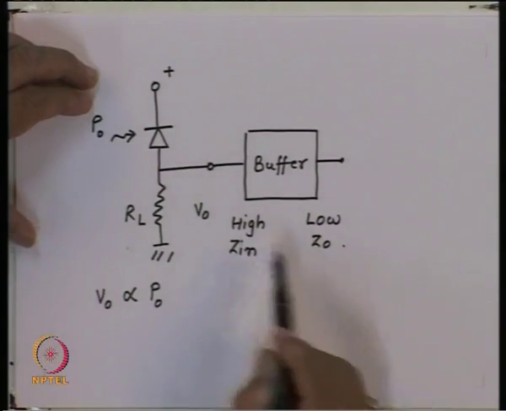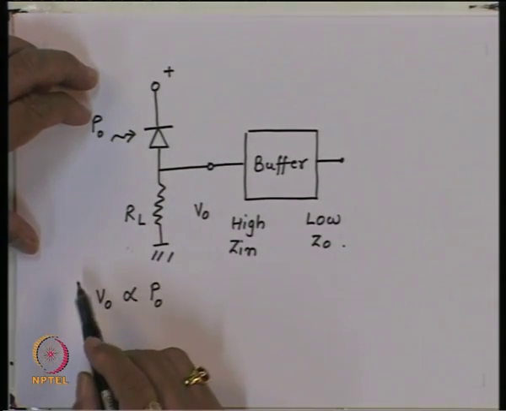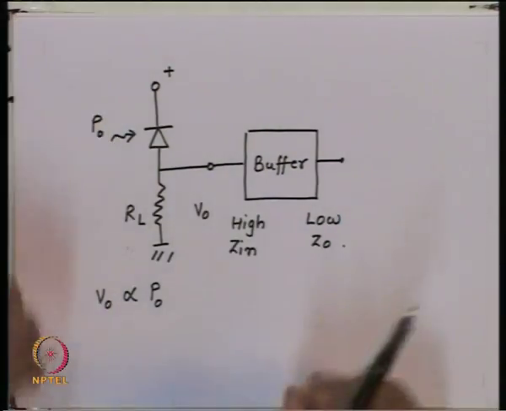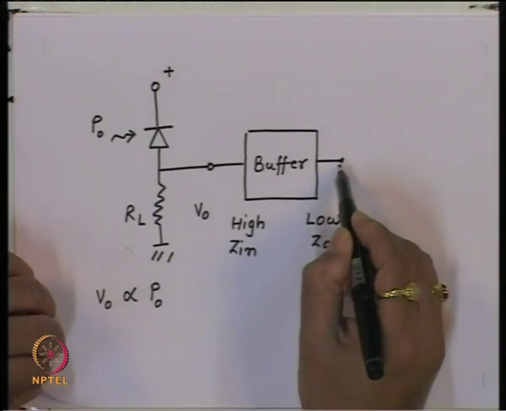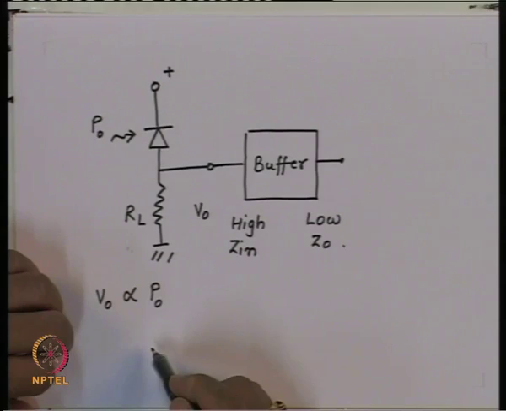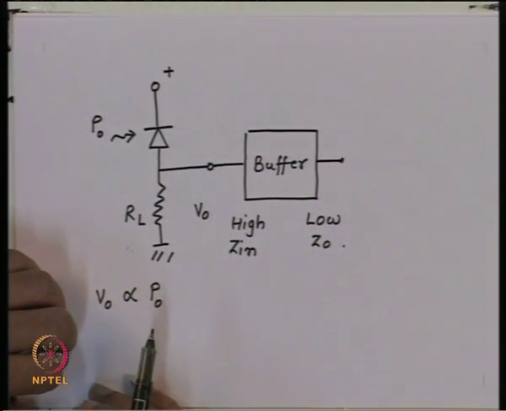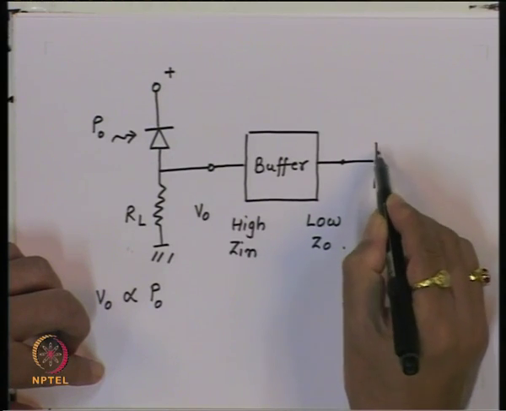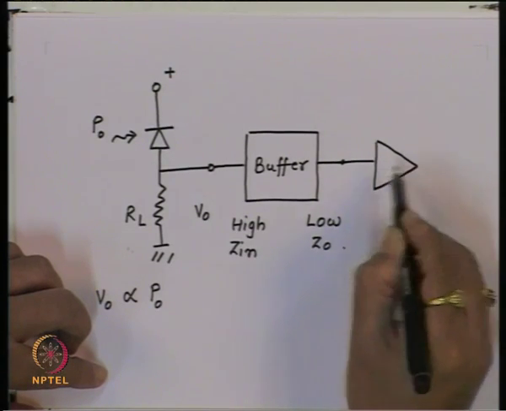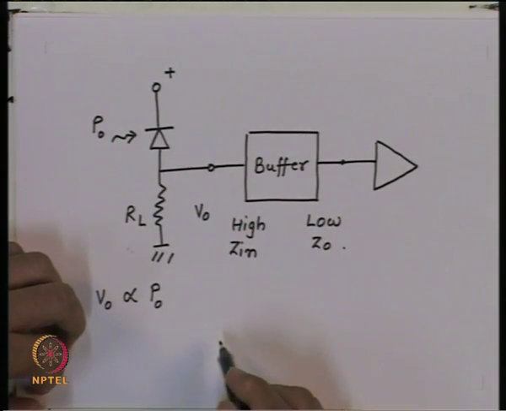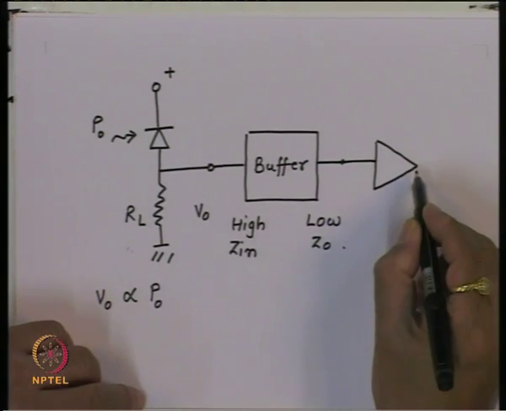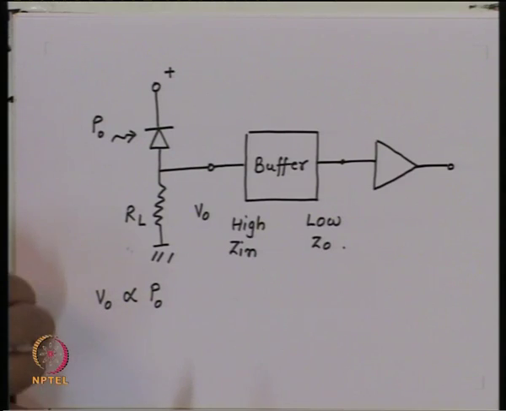This configuration, a photodiode connected to a load resistance connected to a buffer, is a more usable configuration, because at this point the output impedance is very, very small and can be connected to the following circuit. Let us say the following circuit is an amplifier, which has a certain input impedance. Generally, we have combinations of capacitances and resistances and so on. That is the configuration which you will get.